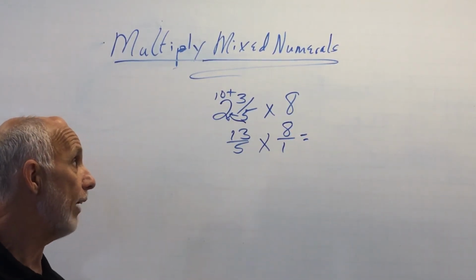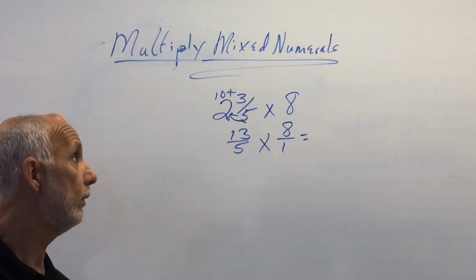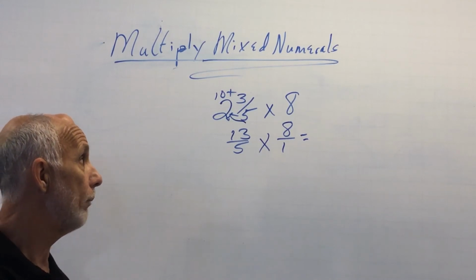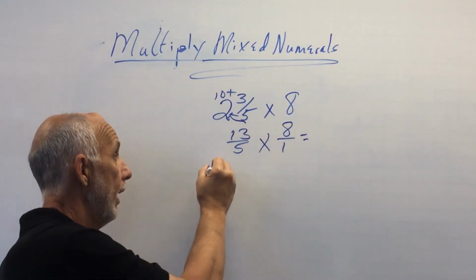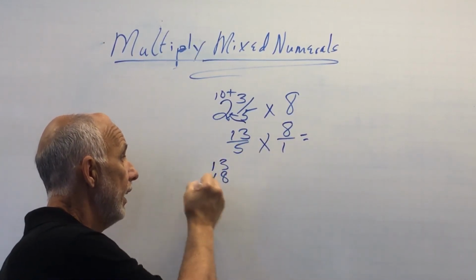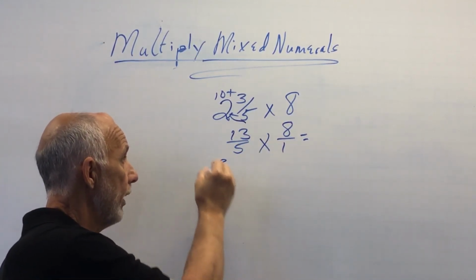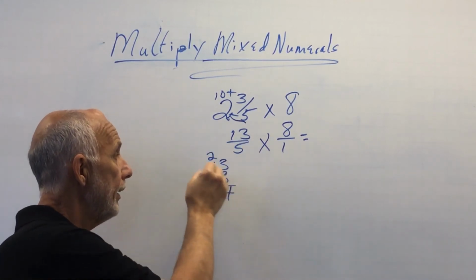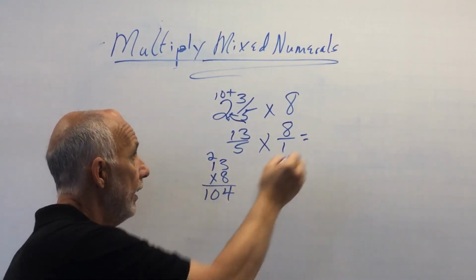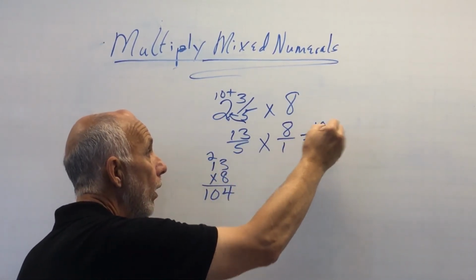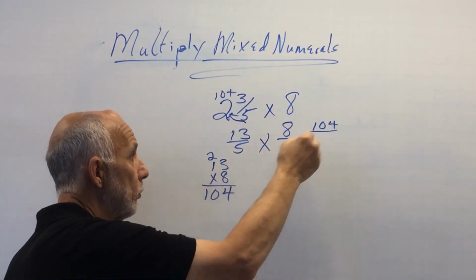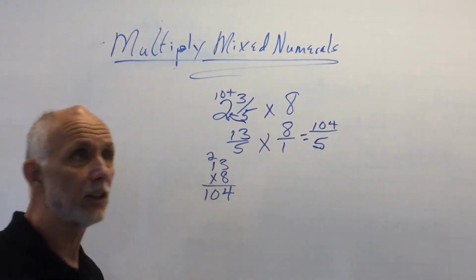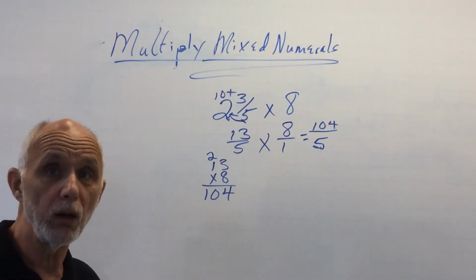Now, can I simplify before I multiply? No, I cannot. So I multiply 13 times 8. 8 times 3 is 24, carry the 2. 8 times 1 is 8 and 2 is 10. That's 104. And I multiply 5 times 1 is 5. And that's my answer, except it's wrong.